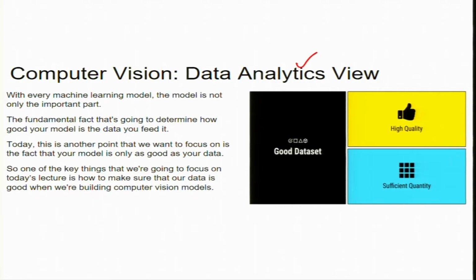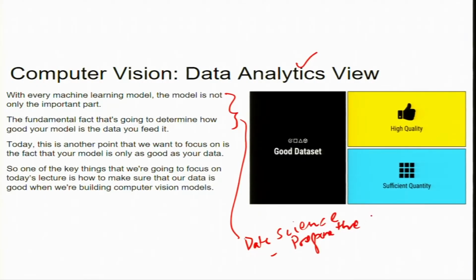Therefore, this aspect, called data science, is to prepare the data, also called the data set. If this data set is properly prepared by domain experts with the help of data scientists, then your model will perform very well.